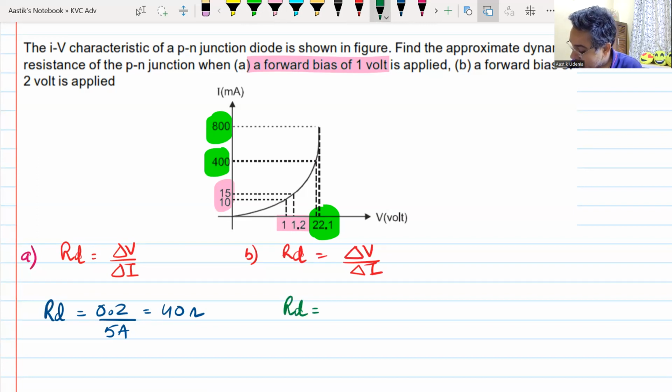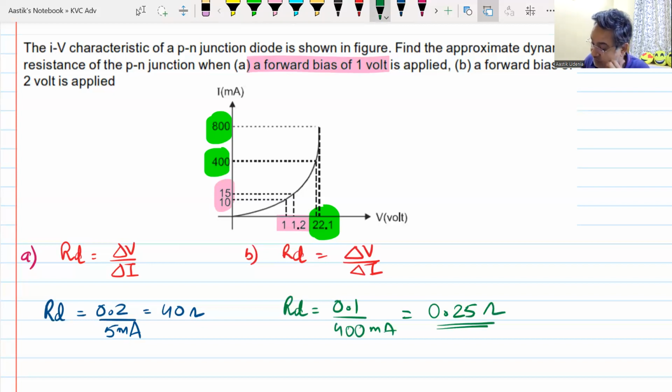Change in voltage is 0.1 volt, but the change in current is 400 milliamps. Here I have written 5 amps. I should not have written 5 amps. I should have written 5 milliamps. And we end up with our answer. Here the answer, if you divide it correctly, would be 0.25 ohm.